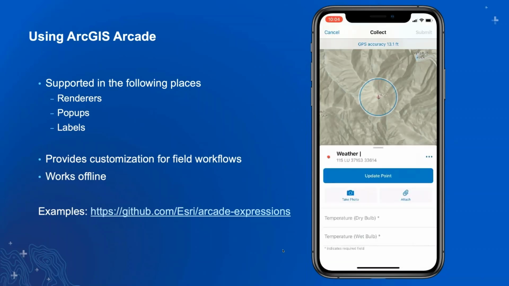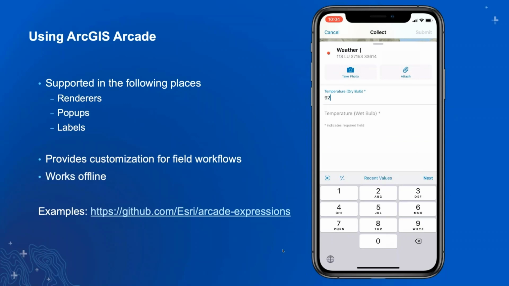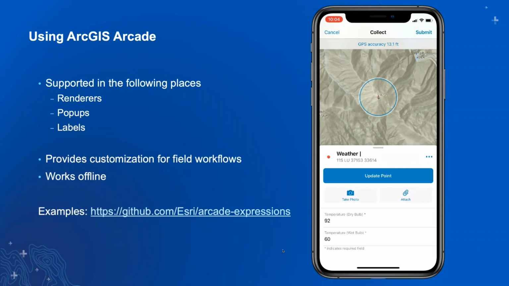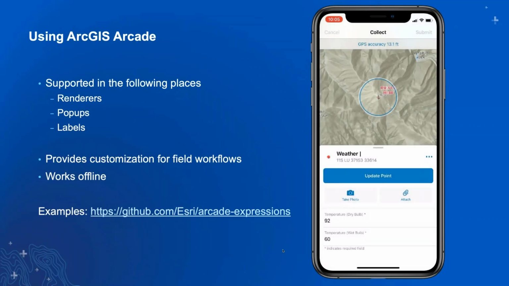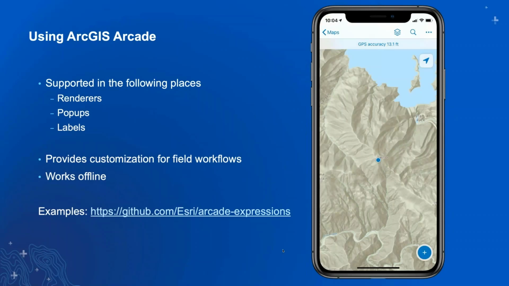So if you're out using your sling psychrometer and you need to enter a dry bulb and wet bulb temperature, rather than going to the chart to determine what that is, all I need to do is enter my two values for my dry and wet bulb temperatures, submit that, and you'll see that it automatically calculates the relative humidity, the heat index, etc. So not only do I have that, but when that information is available, obviously that can go back up to the incident command team so that they can have a better situational awareness there.